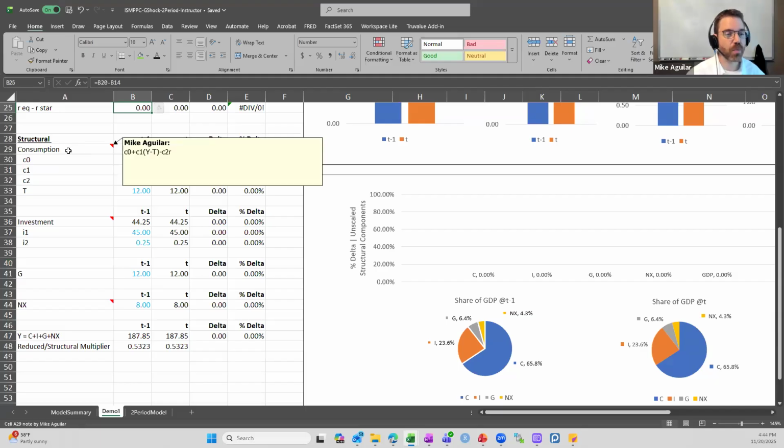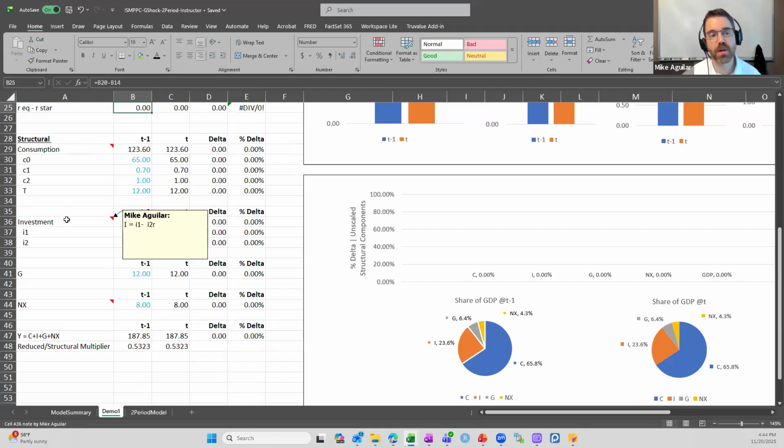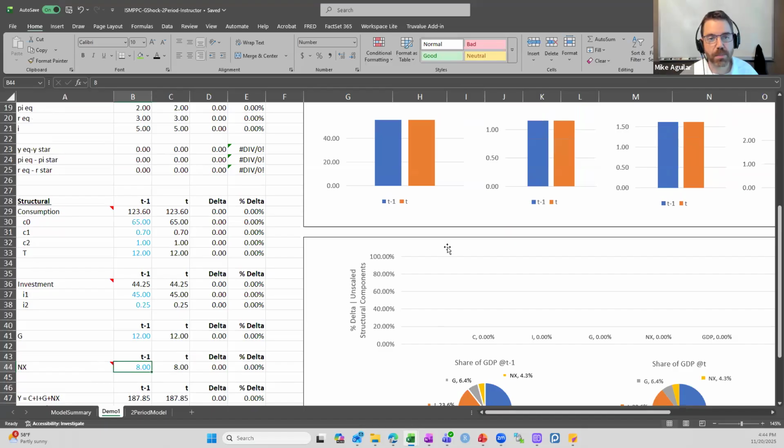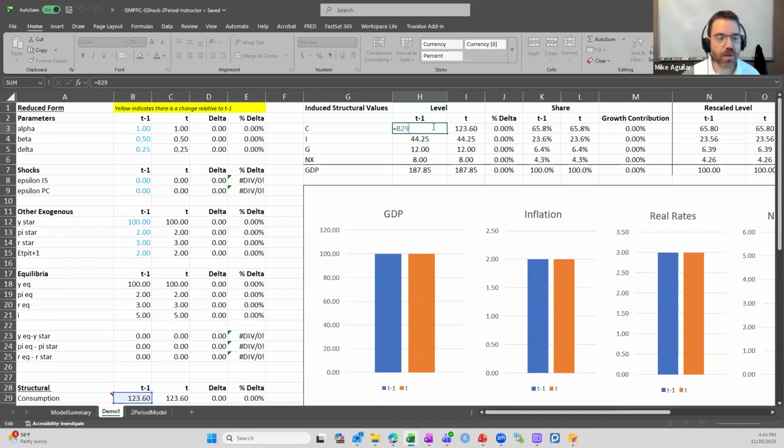So we've already discussed where consumption comes from, where investment comes from. We'll treat G as exogenous and X as exogenous, although we could treat it as components of X minus M, each one of them having their specifications. I referenced all those pieces, add them up for T and T minus one.